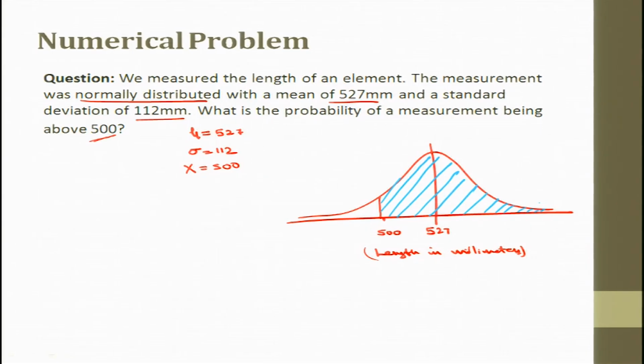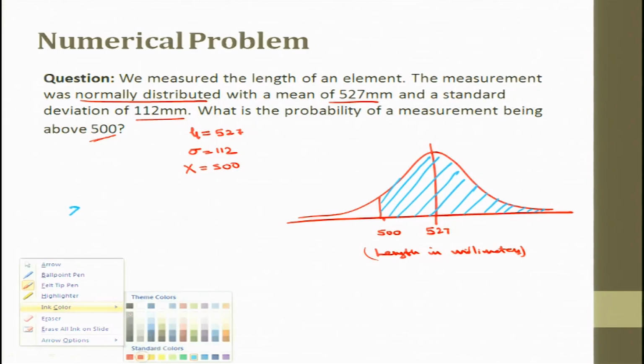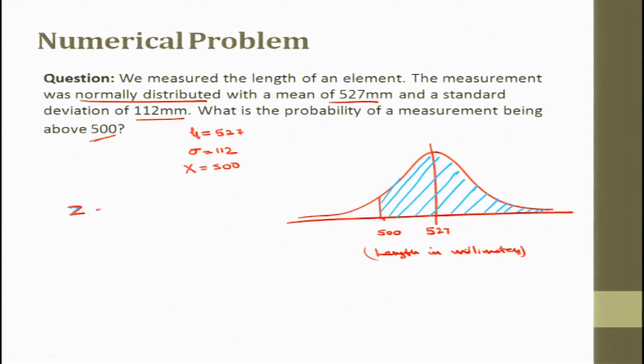Okay. Now, the way to do this is, we know that the standard normal deviate z is equal to x minus mu by sigma, which is equal to 500 minus 527 by 112. So, this comes down to minus 27 by 112, which is equal to minus 0.2411.